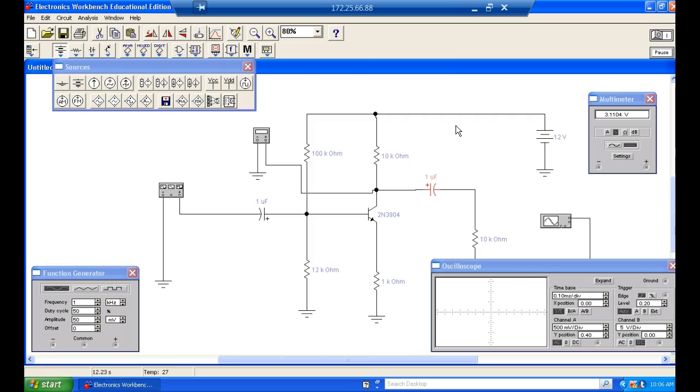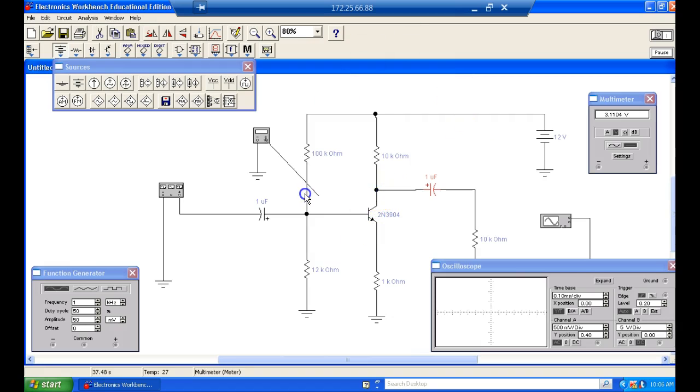So what could cause that to happen? Well, we know there's a couple of things that could cause that to happen. What was the other thing that caused it to go down? This guy right here opened, right? Because if it opens, base voltage goes up. But we notice now we have no problem, because I measure low right there.